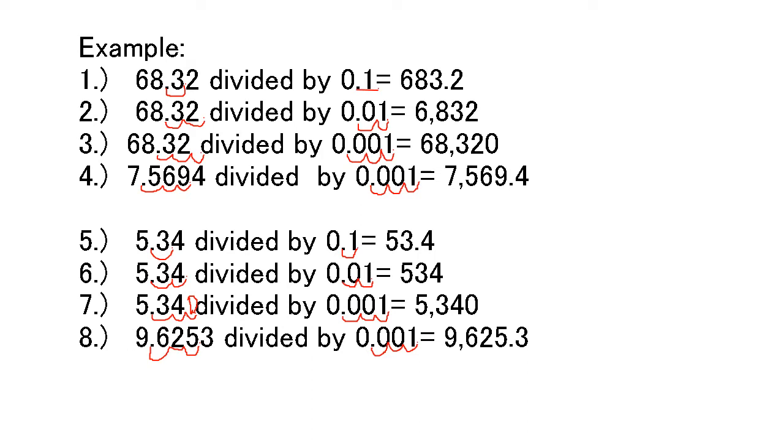Then, 68 and 32 hundredths, we are going to move the decimal point 1 place to the right. So, now the answer is 683.2, or we can read as 683 and 2/10.